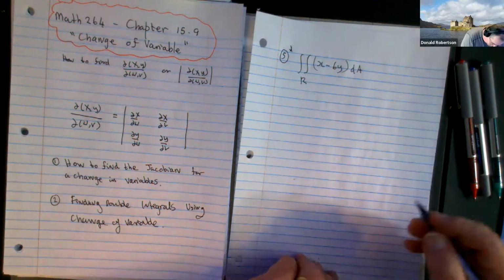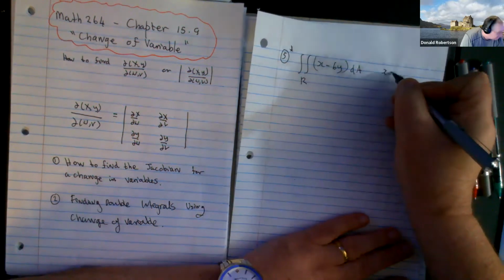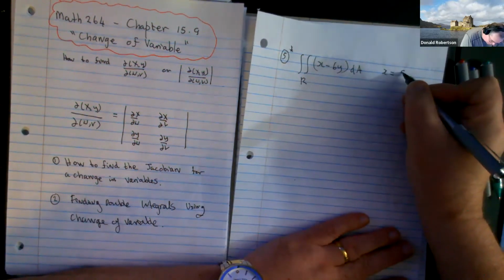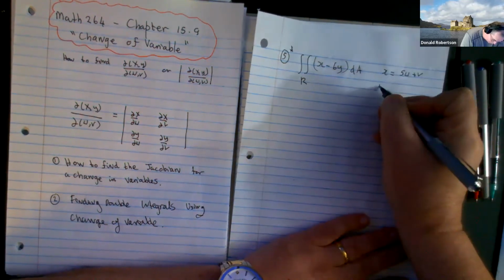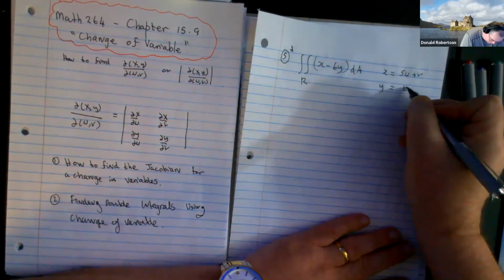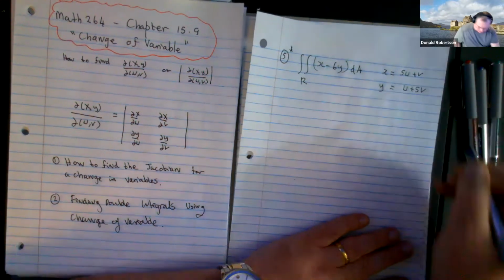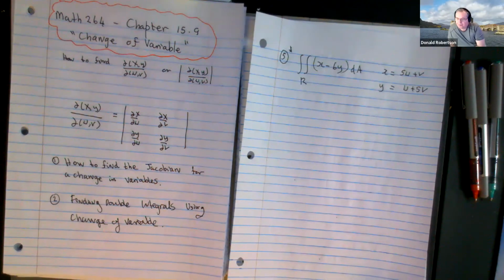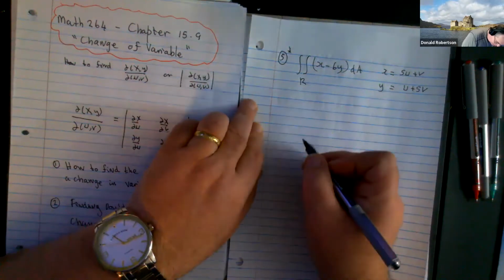The change in variable is that x is going to equal 5u plus v, and y is going to equal u plus 5v. So far, so good. Right? Now, there's going to be a problem. Well, let's just do what we need to do and then we'll figure it out.